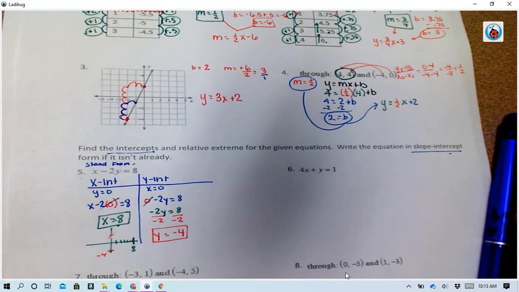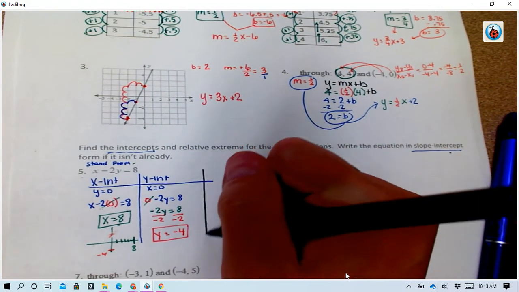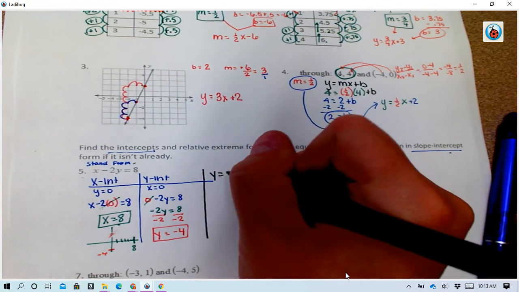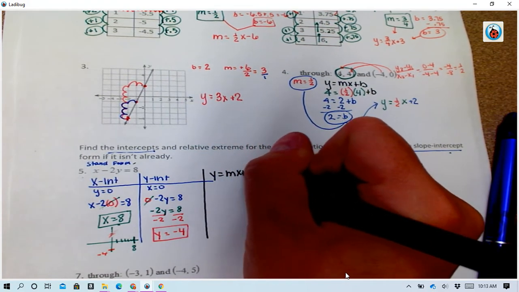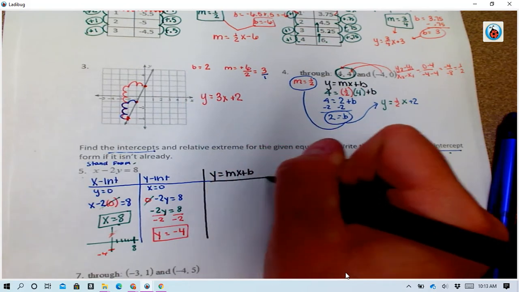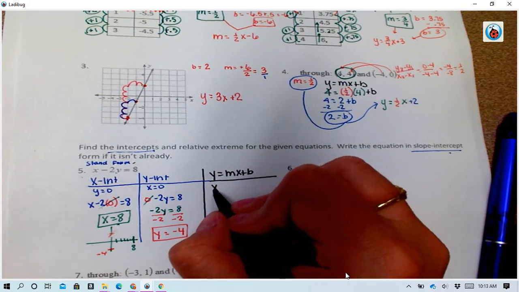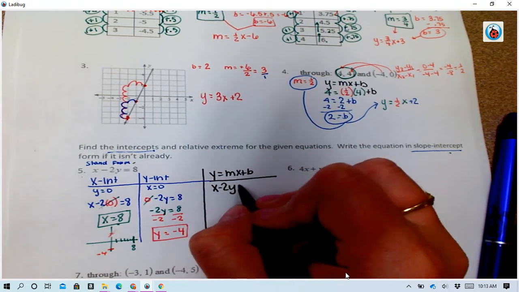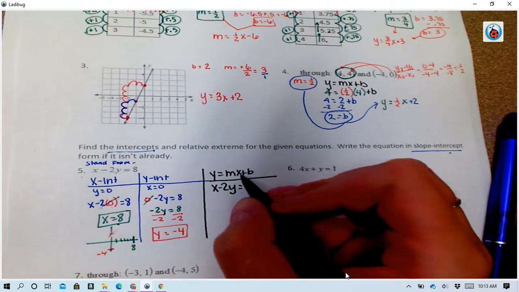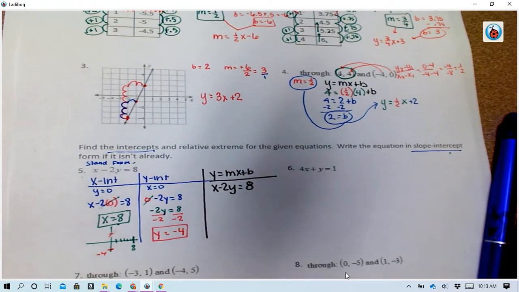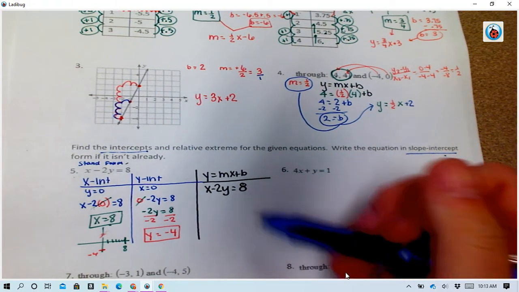And then lastly, we want to get this into slope-intercept form, which is y equals mx plus b. So I'm just adding on to my table. I like to keep my work fairly organized. So how do we do that? x minus 2y equals 8. In order to get it into slope-intercept form, you have to get y by itself.